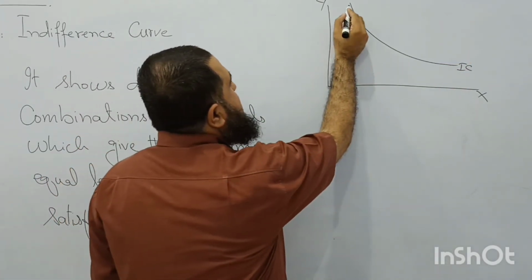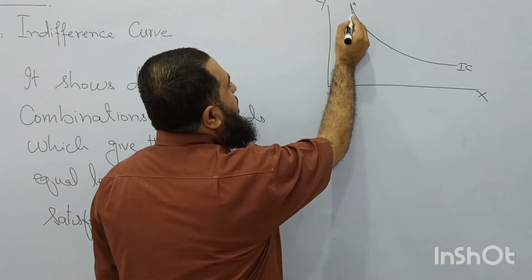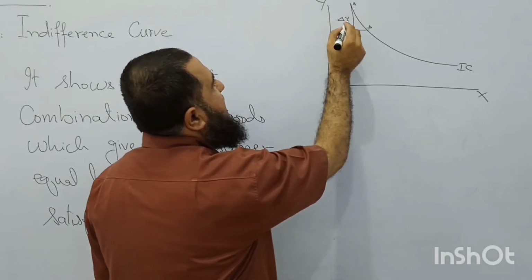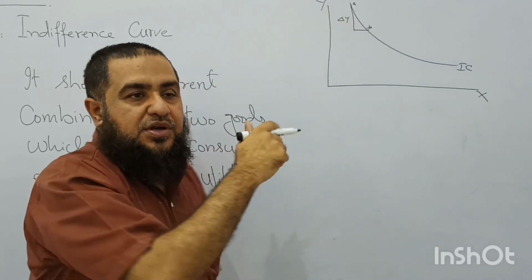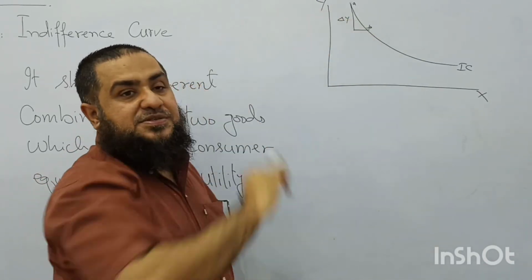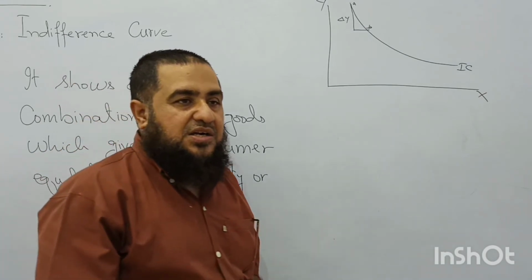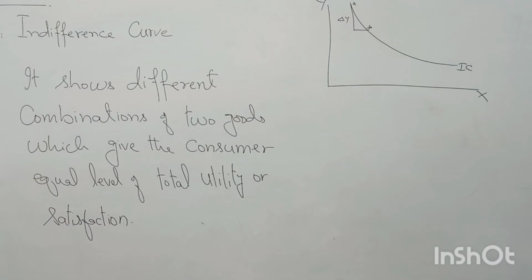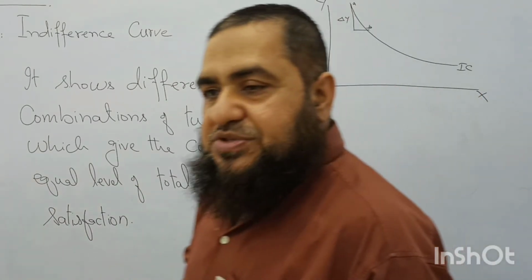Okay? What happens if the consumer moves from point A to B? This is the Y he is going to give up to get this much of X. At the start, the consumer has to give up more Y to get less X. Is this the rate of substitution?